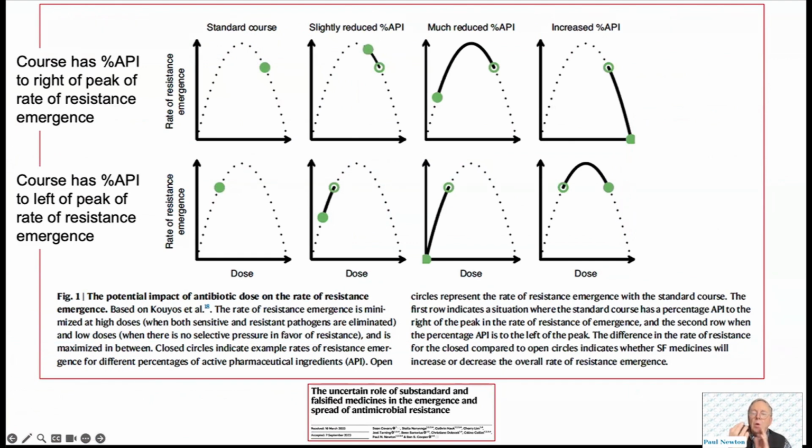Sean worked on this modeling, which is illustrated in his paper, looking at the consequences of different doses in relation to percentage active pharmaceutical ingredient, or API, on the risk of resistance emergence.